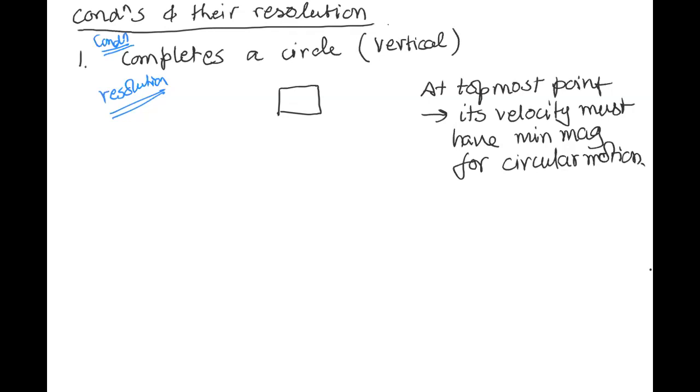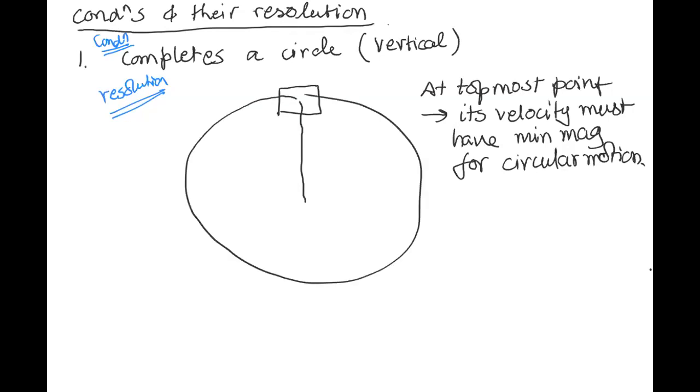Good, at the topmost point of this vertical circle, you should draw the tangential axis, the radial axis. Since this is a vertical circle, mg is acting in the downward direction, and there will be some tension or normal reaction at the top. The normal reaction would be due to a circular track.